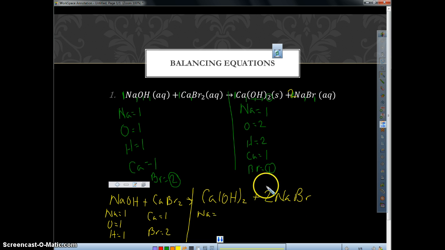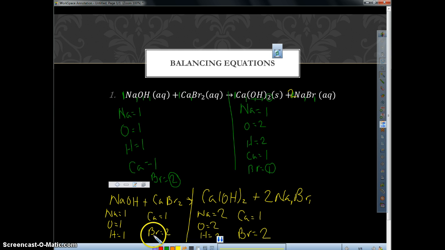This coefficient of 2 now means I have 2 times 1 sodium, so I get 2 altogether. And then oxygen and hydrogen have not changed since I didn't put a coefficient in front of this. This stayed the same. And then calcium is 1. And bromine should be balanced because that was our intent by putting the 2 in. So if I take 2 times 1, then I get 2 bromines.